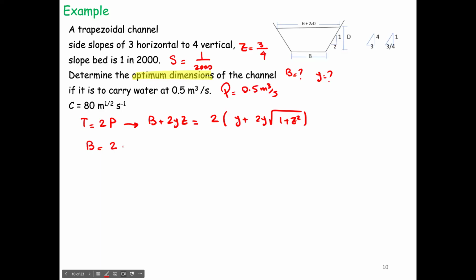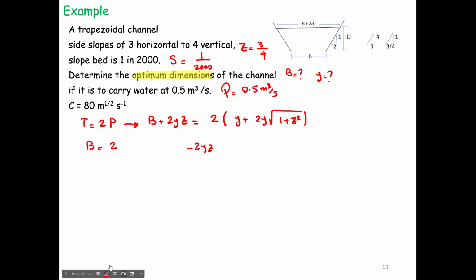So 2 what's that? Minus 2YZ here. I think I wrote it.